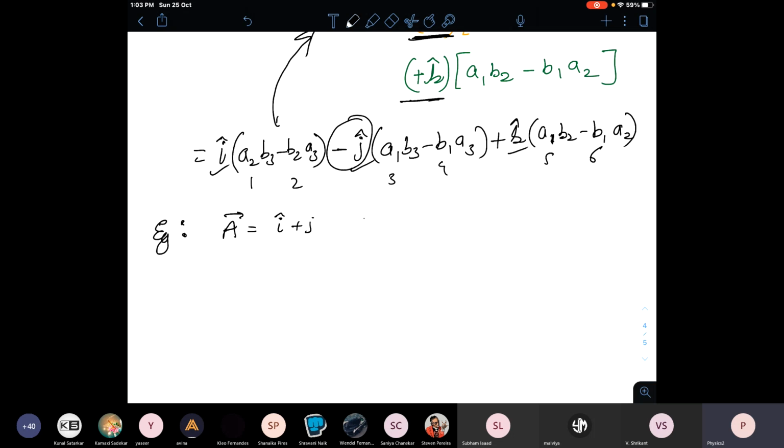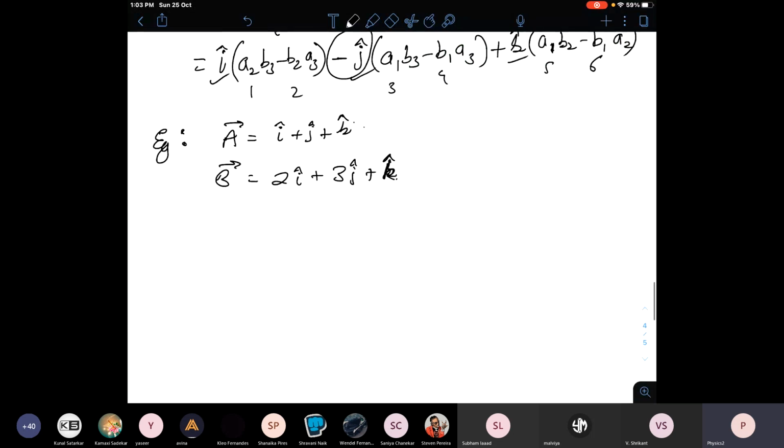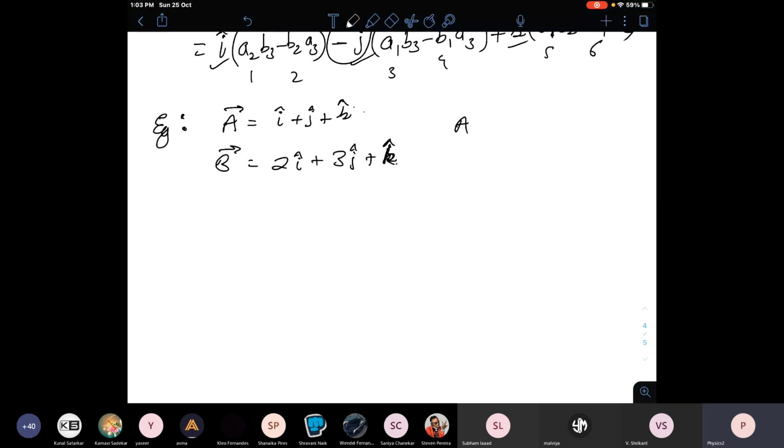It is better to understand when I am using values. Now I have a vector like this and b vector like this. Now what I am asked is, what is the a cross b vector?